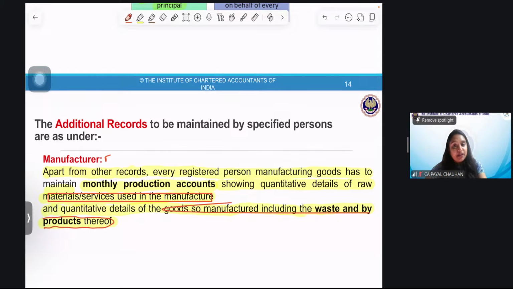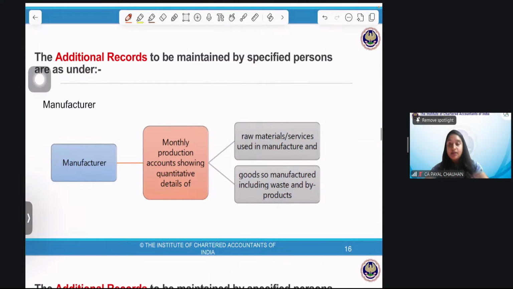So as a manufacturer, I have to give two more pieces of information. This is an additional record. Do you maintain it quarterly or monthly? Very good, monthly. The first detail will be about the raw material and the service used in the manufacturing process, and goods so manufactured, including waste and byproduct.